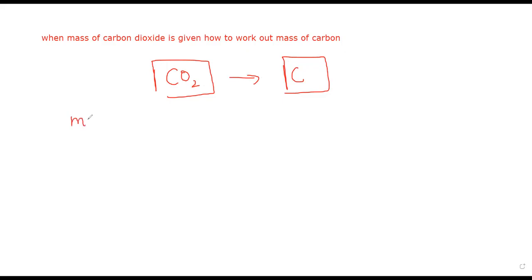But in terms of mass, what is the total mass of carbon dioxide? Carbon is 12 plus oxygen is 16 multiplied by 2, so 32 plus 12. So if we have 44 grams of carbon dioxide, how much carbon will be there? The number of atoms is 1, but the mass is 12. So this is the mass ratio, that 44 grams of carbon dioxide give 12 grams of carbon. But in the question we have 176, as you can see.